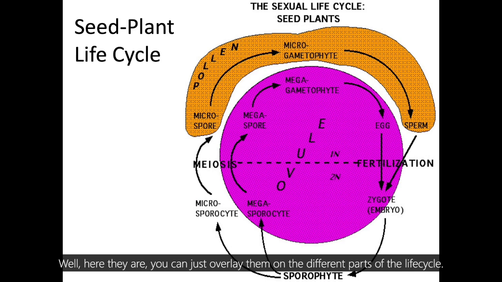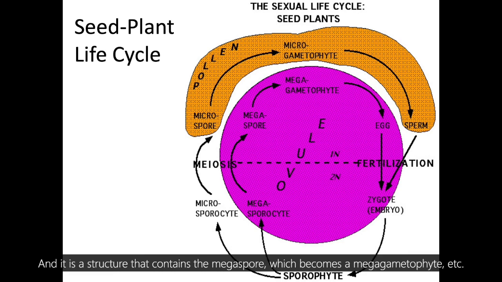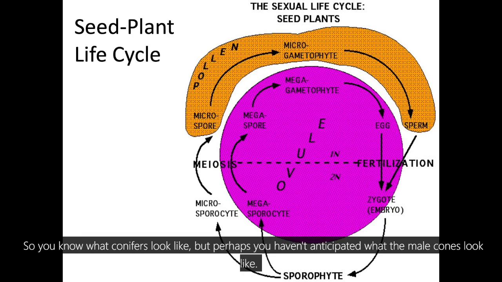You can just overlay them on the different parts of the life cycle. So pollen is the microgametophyte. So it comes from the microspore and it makes sperm. The ovule is the female side of reproduction, and it is a structure that contains the megaspore, which becomes a megagametophyte, etc., etc. So you know what conifers look like.